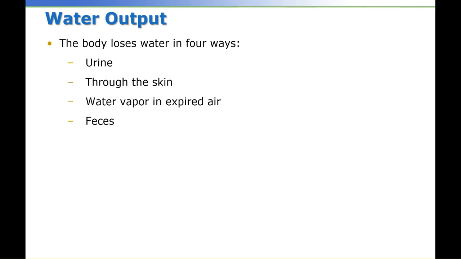For urea to be excreted, for every gram of protein, the kidneys require about 15 milliliters of water to get that urea out. So that's one thing to think about. Also, in regards to heat, water is released through the skin when it's hot outside. You have sweat through the skin and water vapor coming off the skin. Those are ways that regulation of heat takes place through water output.